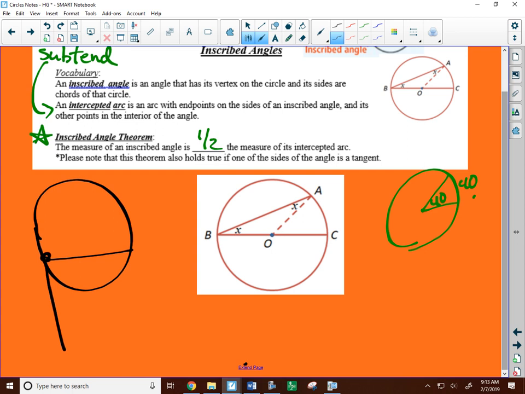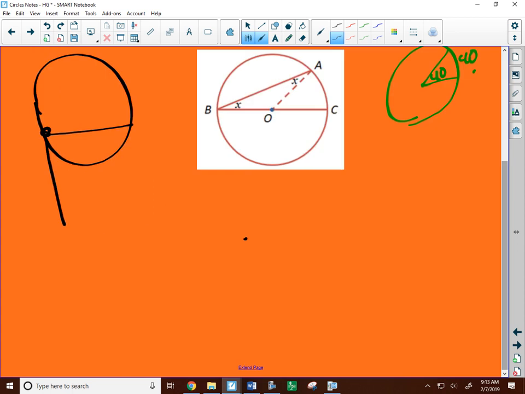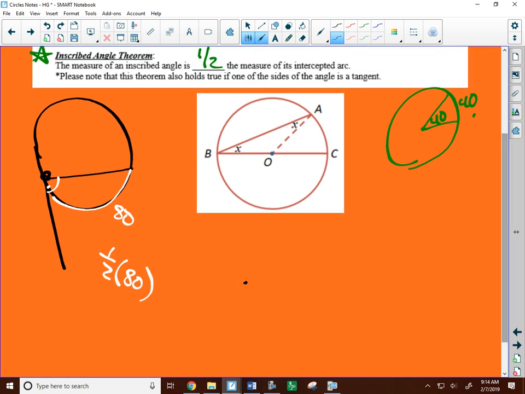So this angle right here is not purely an inscribed angle, but the theorem would still work. For example, if this arc is 80, then that angle is half of 80.